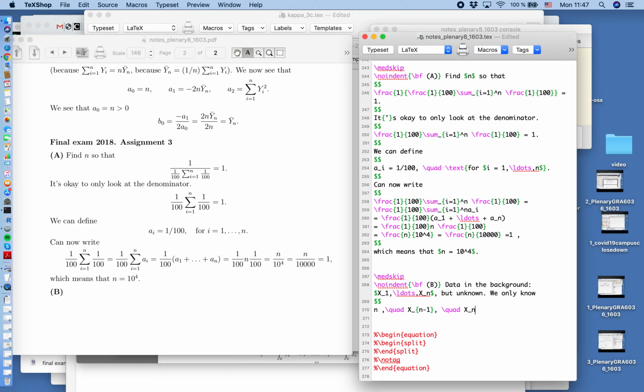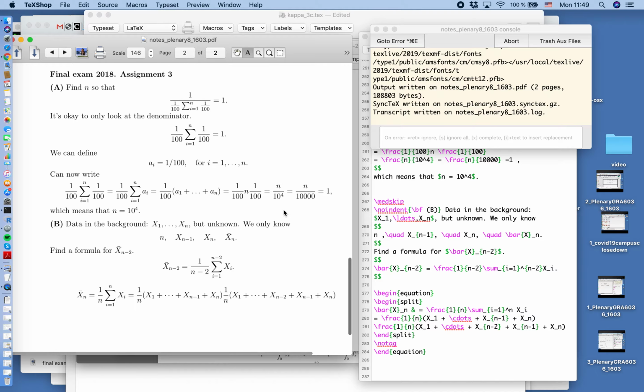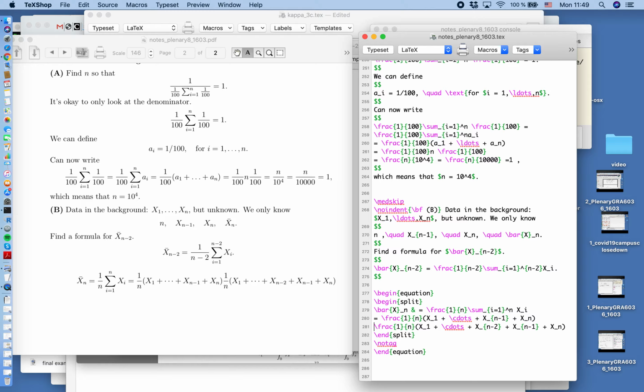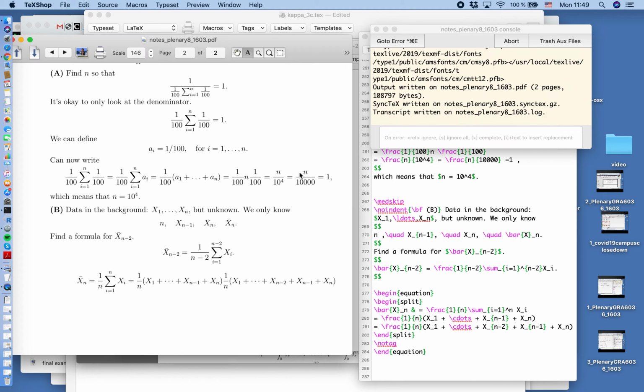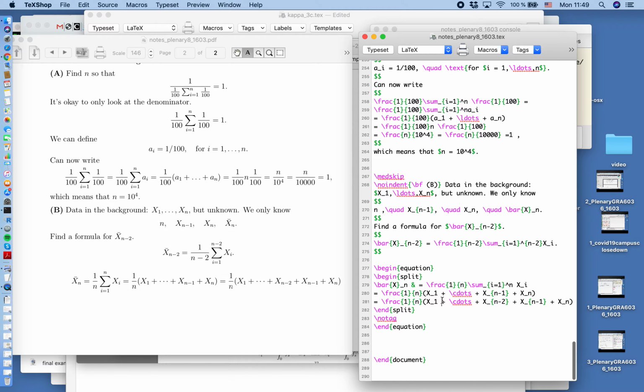So now you see that we can write this thing as the sum all the way, maybe with an equality. Now you see that for these first x's, we can use the summation symbol.